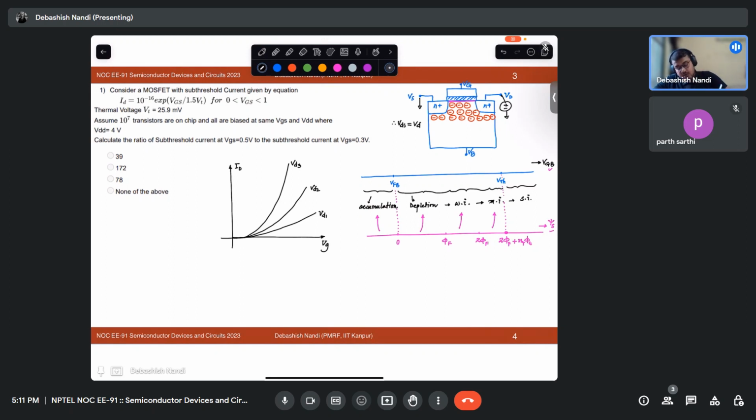Now, can you help me mark the threshold voltage here? Whoever has joined, where would the threshold voltage be in this figure?